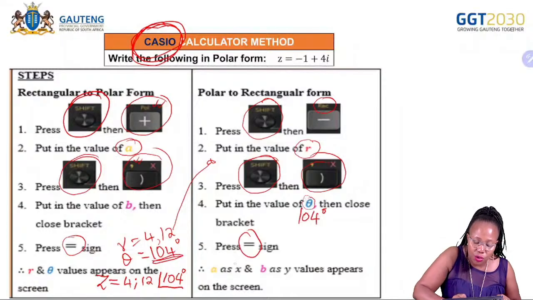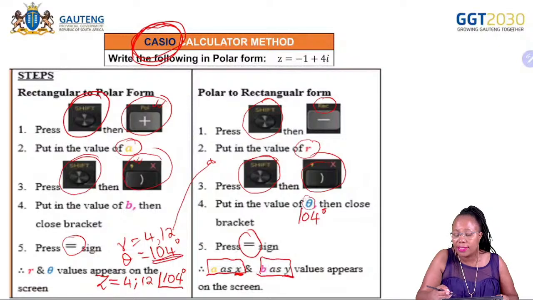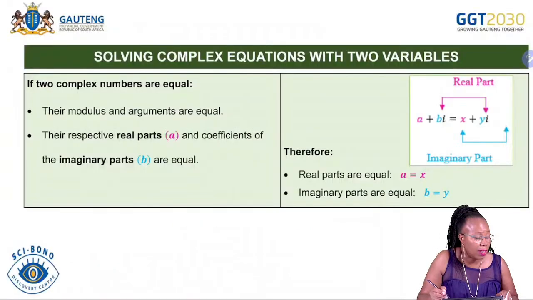Then it will show you the X value and the Y value. Now remember, the X value is representing A, the Y value is representing B. The same way you did with the Sharp calculator, this is how you do that, grade 12.